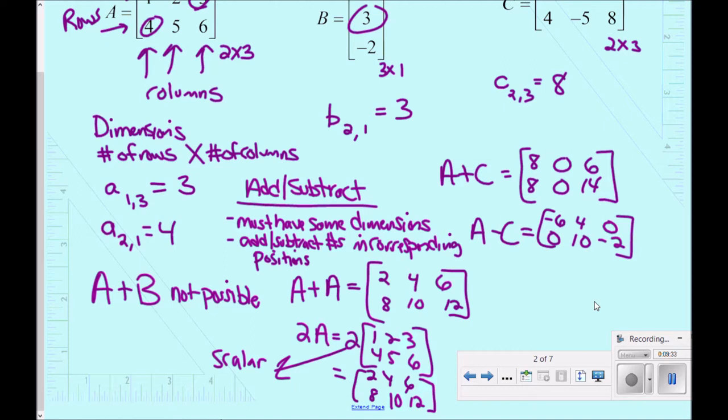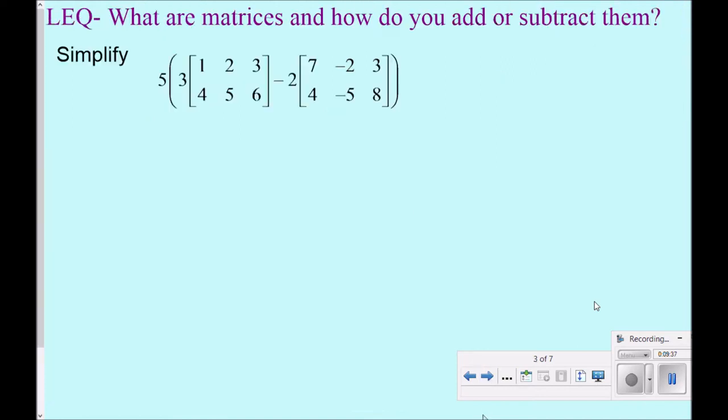All right, next. So go ahead and copy that into your notes. So to do this problem, what we have to realize is that matrices follow order of operations just like normal numbers or expressions do, meaning that I'm going to start with parentheses first. So I'm going to copy the 5 here in the parentheses. I'm going to go ahead and multiply that scalar times the matrix.